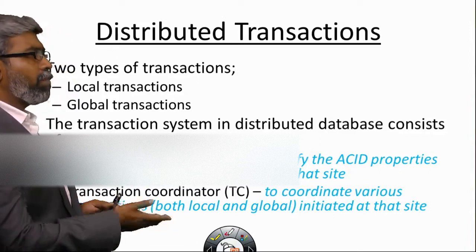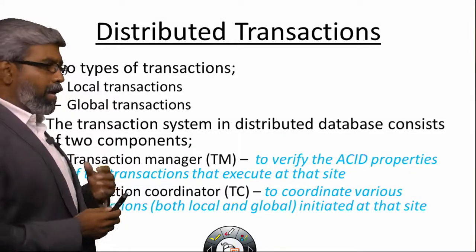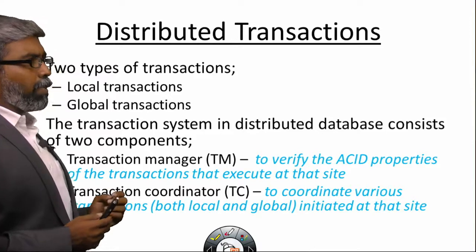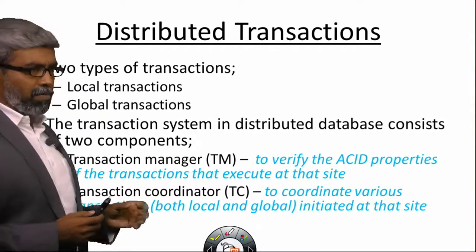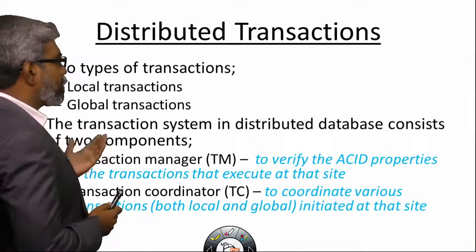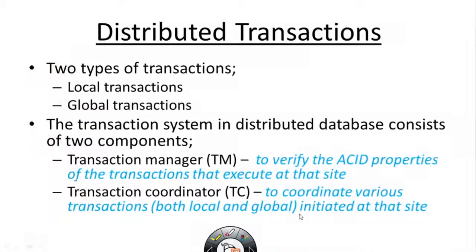The other one is global transaction. Consider another case where the user needs to access data which is not residing in the local server. Instead, it is stored in some other server. So in that case, what will happen? The user raises a request. The transaction request goes to the local server, and the local server cannot find the data in its database.